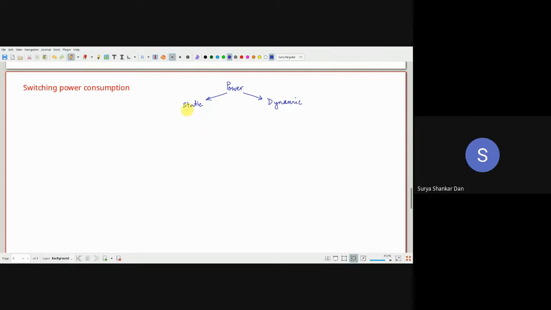Okay, so static and dynamic. Under static and dynamic, we are having two each. Yesterday we had seen that the static usually refers to the leakages. Okay, dynamic means essentially because of the transition.